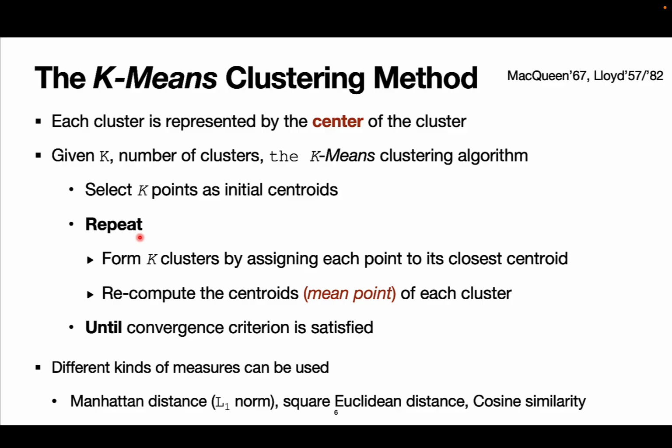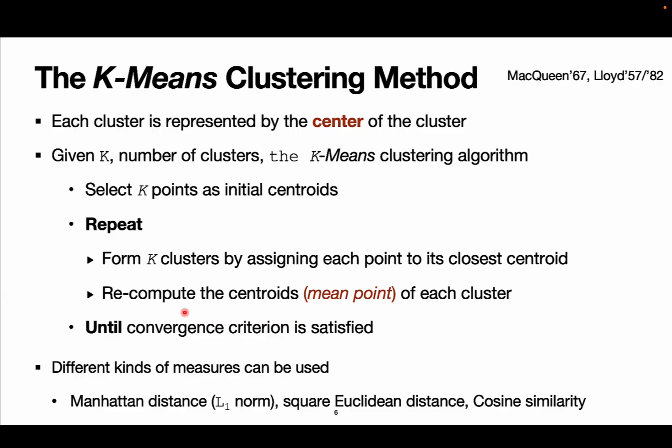Then, the algorithm enters the iterative process. Form k clusters by assigning each data point to its nearest centroid, which means every data point computes its distance to each of the k centroids and picks the closest one as its group. Next, the algorithm recomputes the centroid of each cluster by taking the mean of all the points assigned to that cluster.